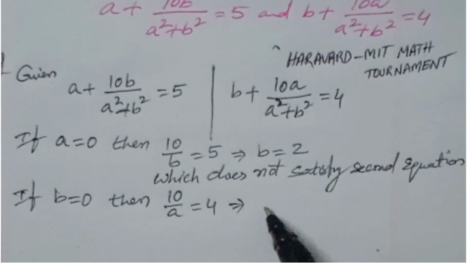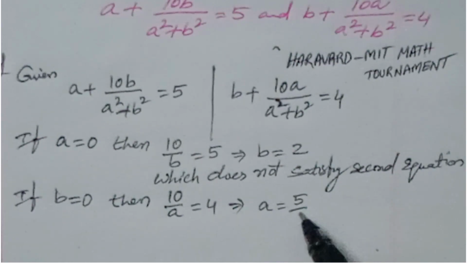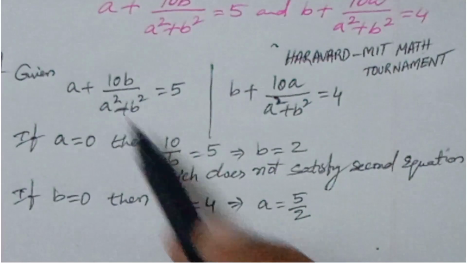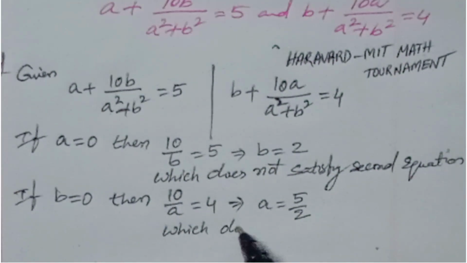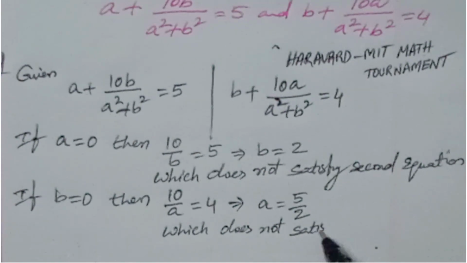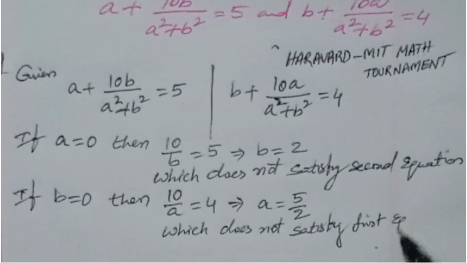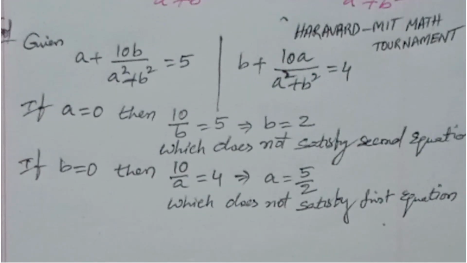That implies a will get 5 by 2. So if you substitute a equal to 5/2 in the first one, it won't satisfy, which does not satisfy the first equation.